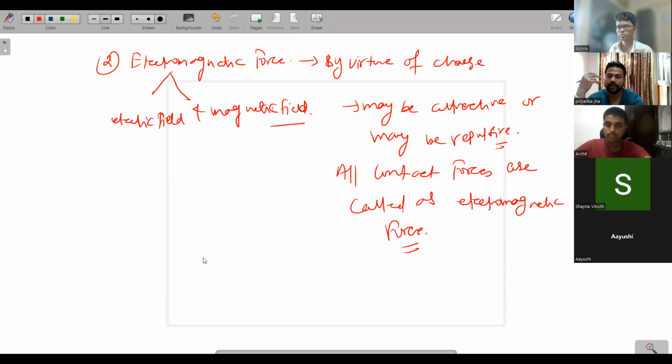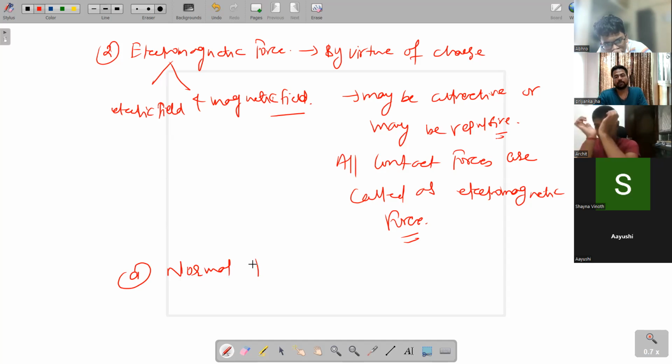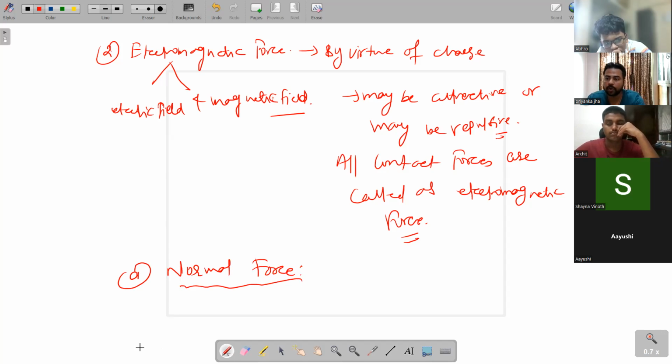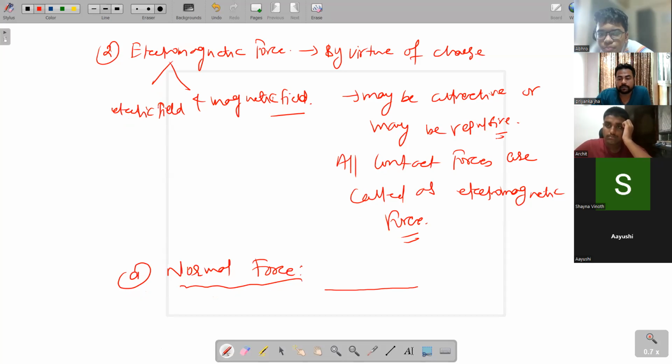So now we'll categorize this electromagnetic force into different categories. Like if I talk about normal force, what is this normal force? Normal force is always of pushing nature. Suppose this is your table, right?